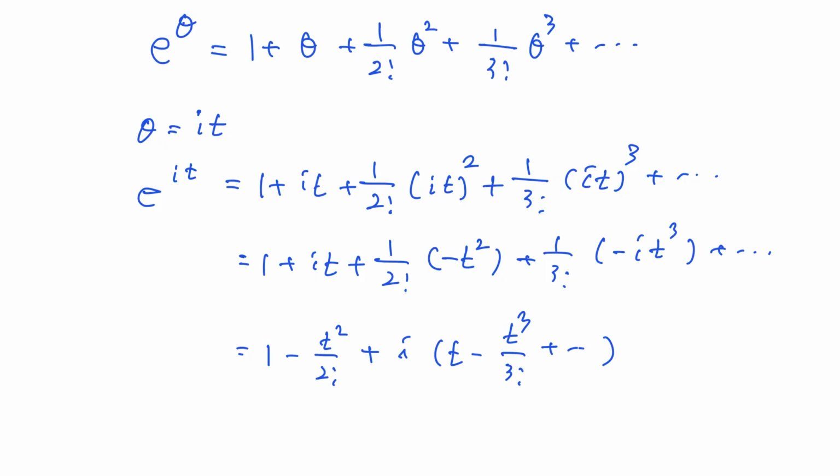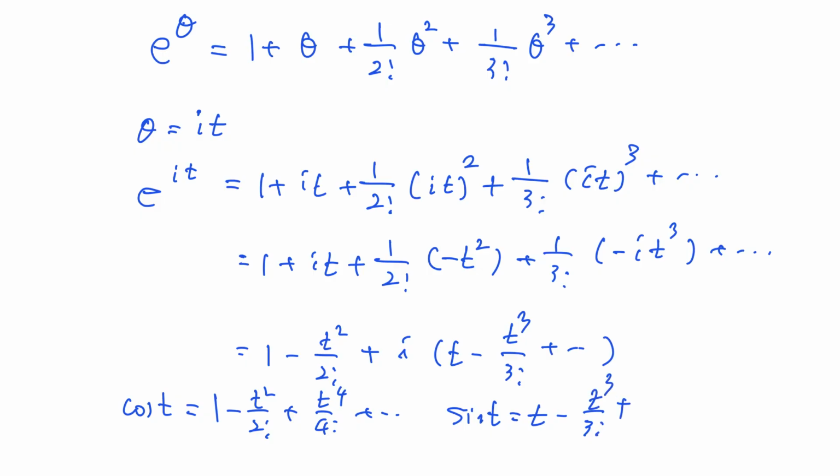Anybody remembers the Taylor formula for cosine? One minus t squared over 2 factorial plus t to the fourth over 4 factorial, right? How about sine t? t minus t cubed over 3 factorial plus t to the fifth over 5 factorial, something like that, right?